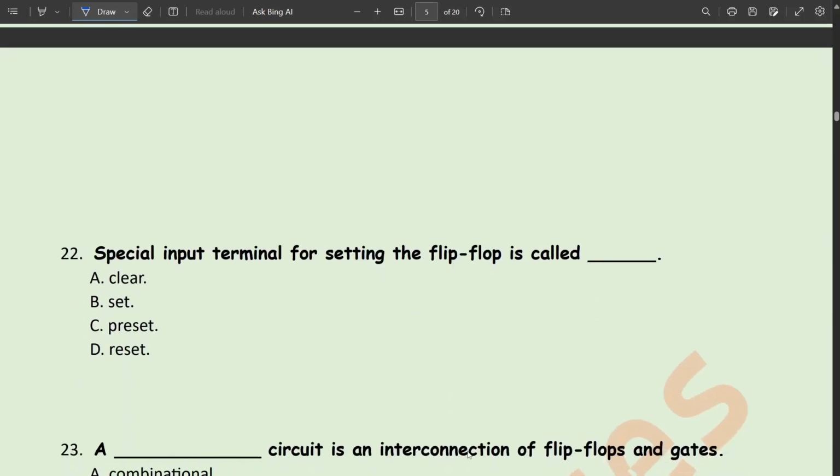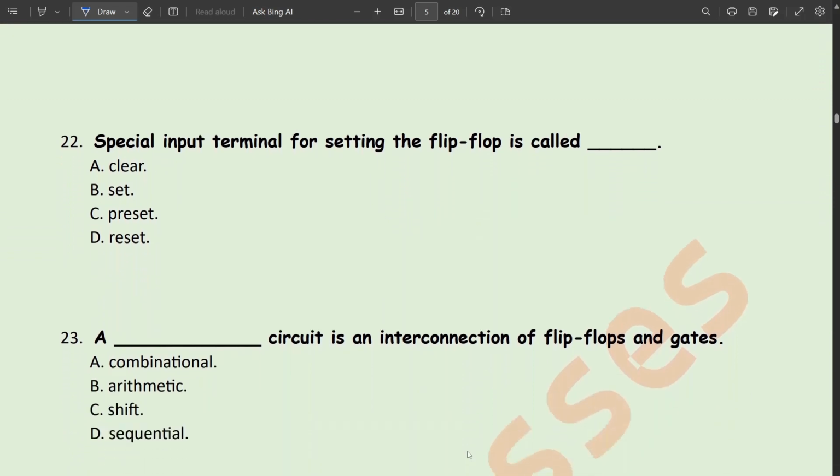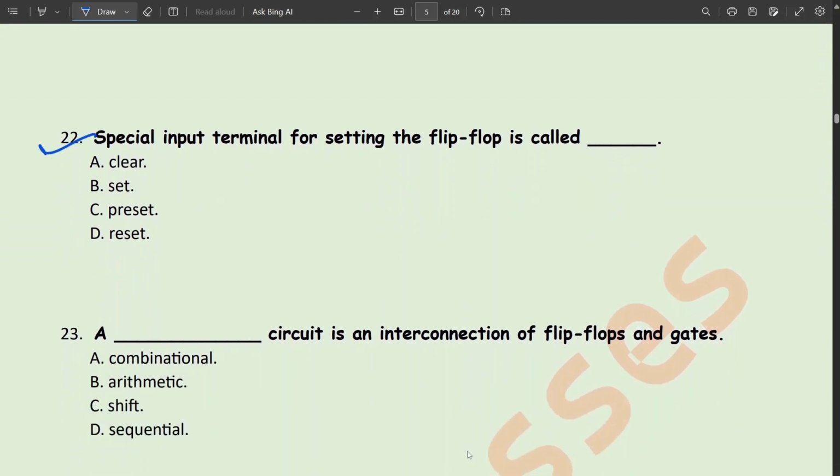Next, the special input terminal for setting the flip-flop is called what? The answer will be preset. A special input terminal for setting the flip-flop is called preset.